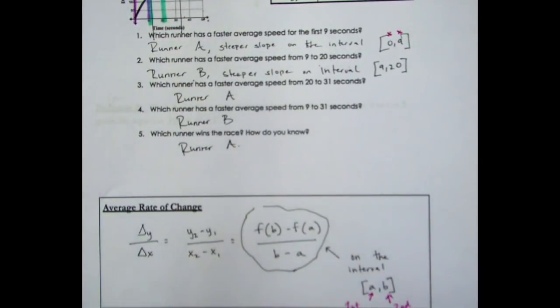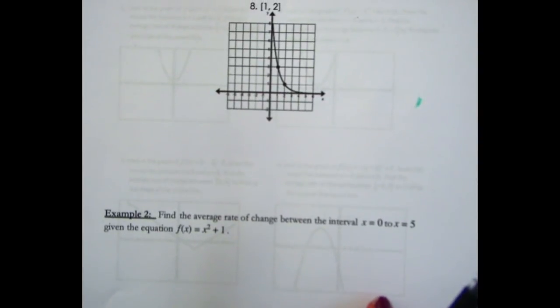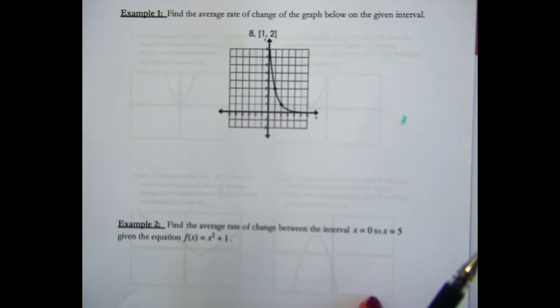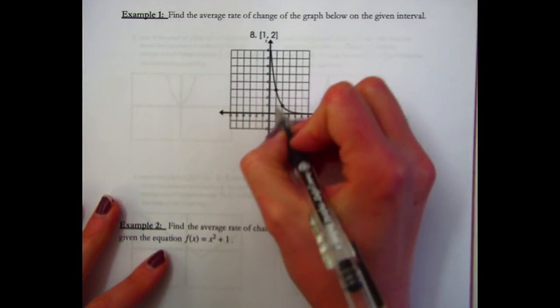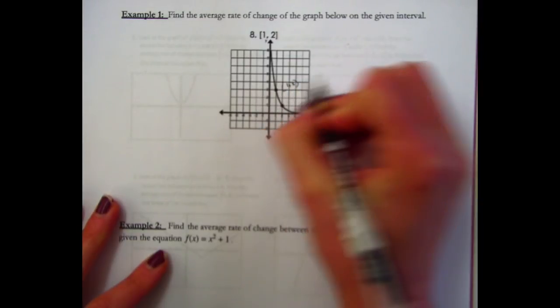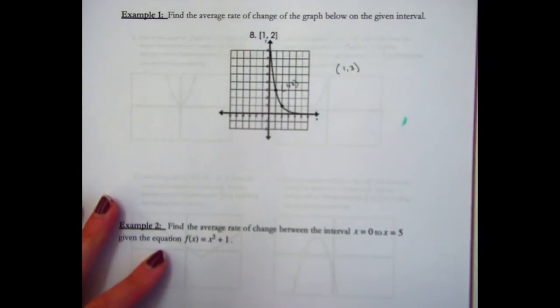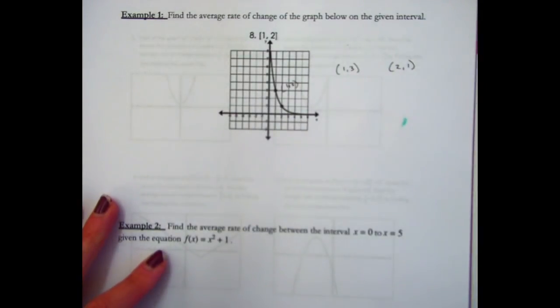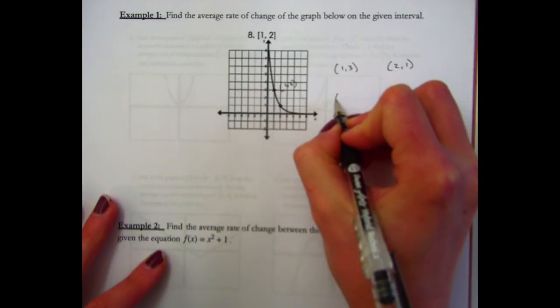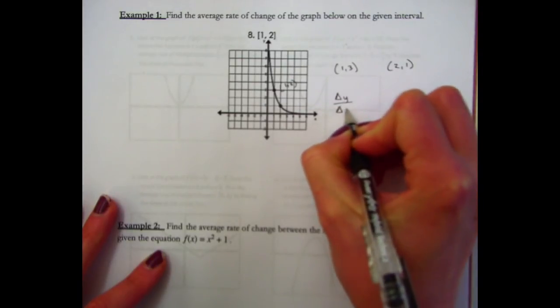Okay, so how can I use this equation for average rate of change on a graph and with an equation? So we practiced this using a graph last week, so I'm going to go through this pretty quickly. This first point is 1, 3, and the second point is 2, 1, and to calculate the average rate of change, I'm going to do delta y over delta x.